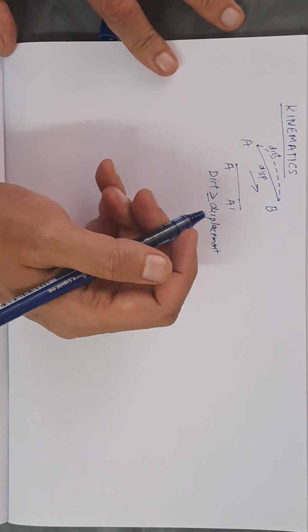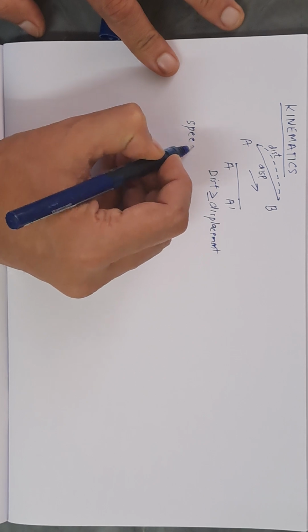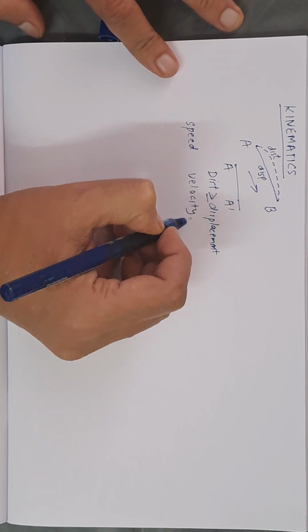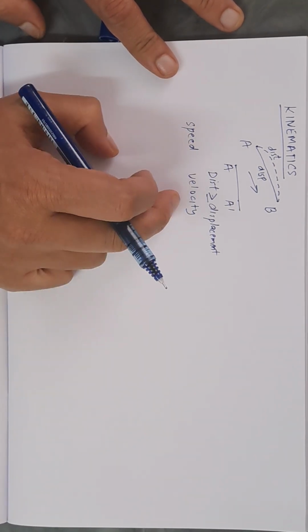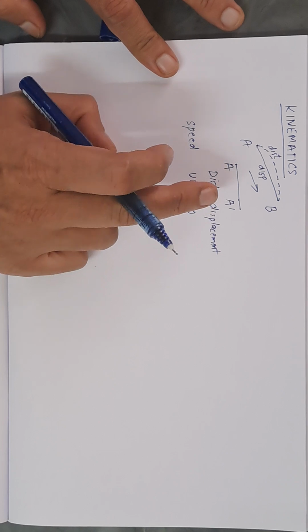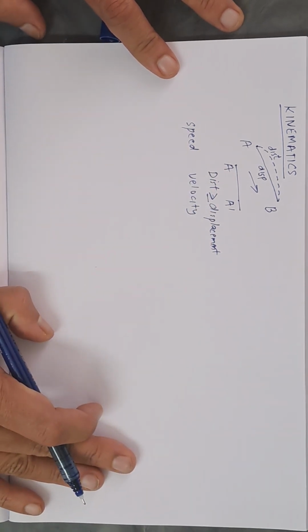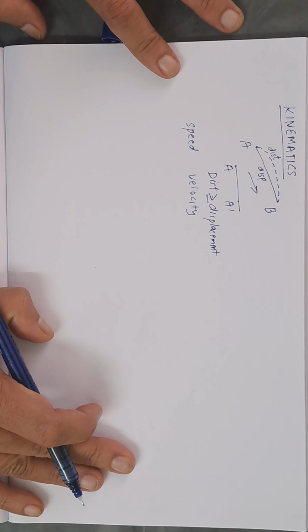Now there is another very basic concept I would say, the concept of speed and velocity. Now the relationship between speed and velocity is the same as the relationship between distance and displacement, in the sense that speed is a scalar quantity with only a magnitude, whereas velocity is a vector quantity with both a magnitude and direction.